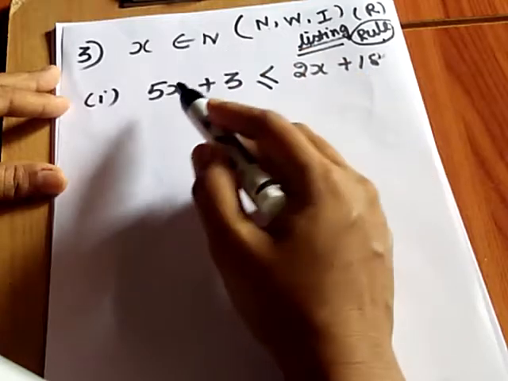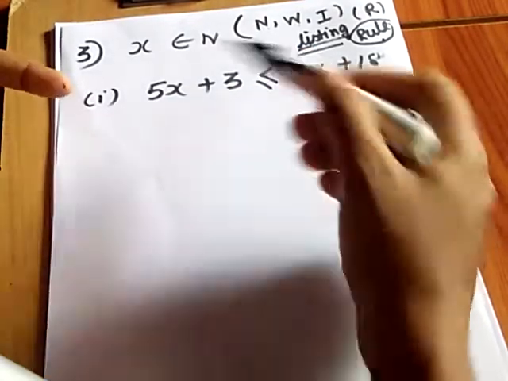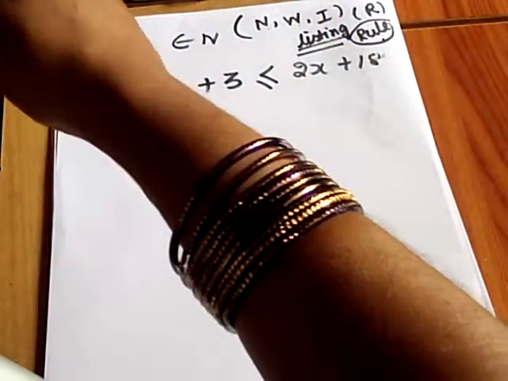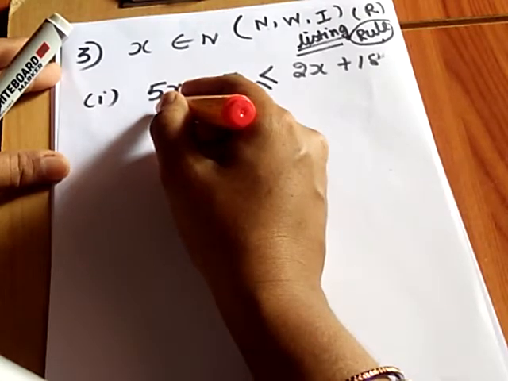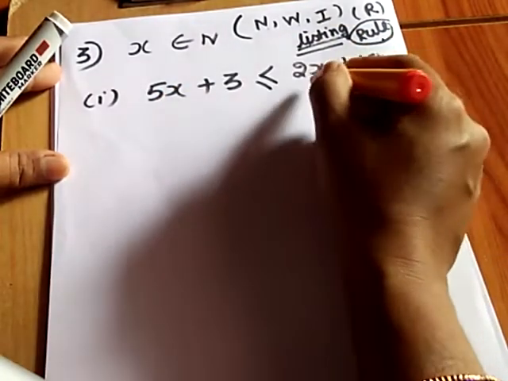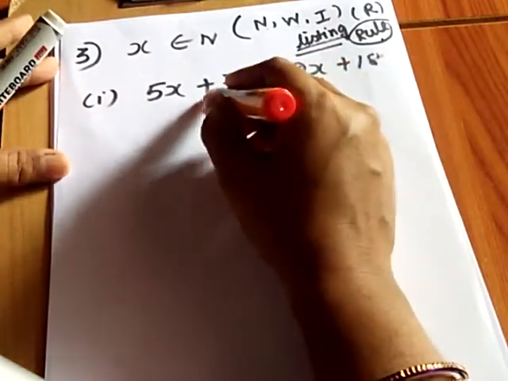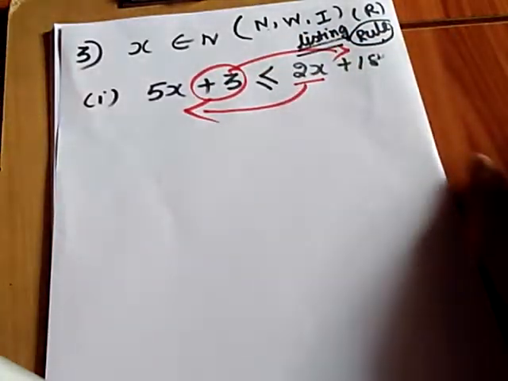So first question, 5x plus 3 is less than or equal to 2x plus 18. In all the problems, I keep in mind to keep my x value always positive. That is one of the clues. Now in this case, I am going to shift plus 2x to this side and plus 3 to the other hand side.